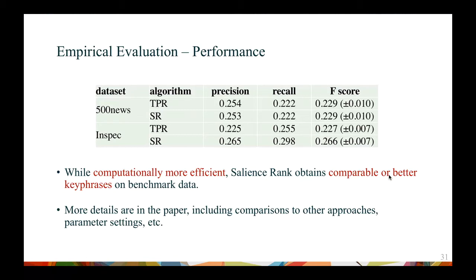InSpec consists of abstracts from computer science journals, where the keyphrases are provided by authors. So this is your data. The key idea is that our proposed SingleRank is more efficient because we run PageRank only once, and as you can see, we obtain comparable, or sometimes even better, keyphrases on the benchmark data.